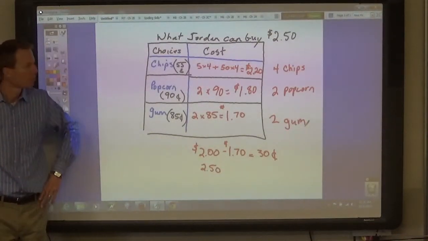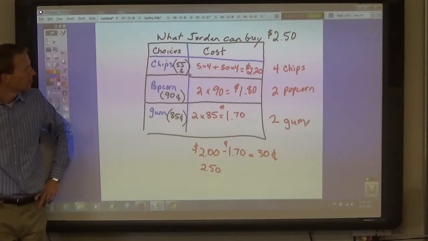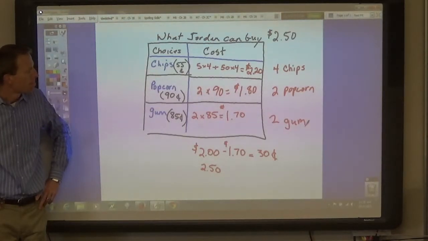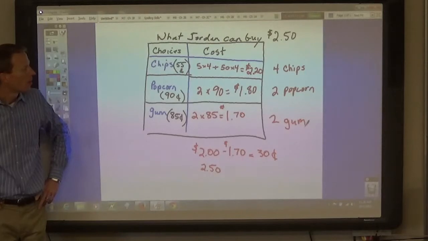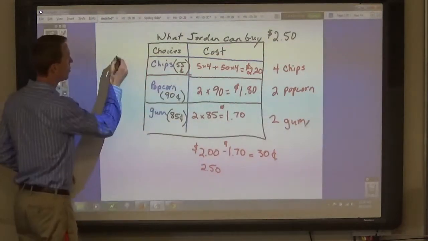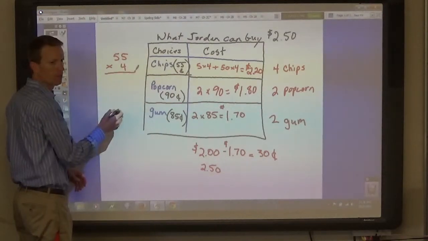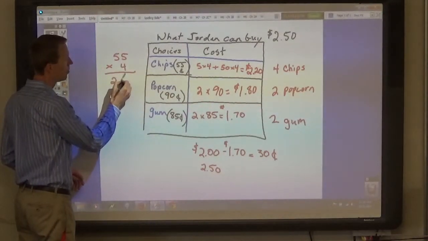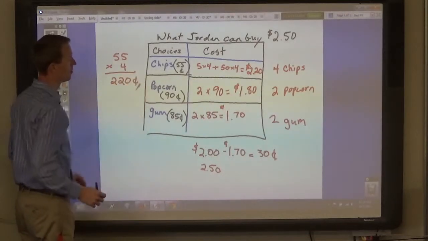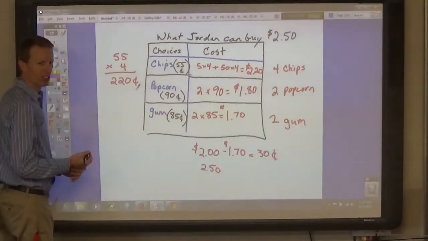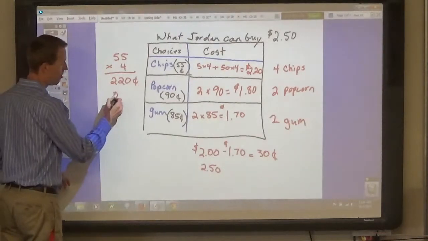Ariana? Because it's $2.20 for the cookie. It's more than $2.50. That's to get each thing. If we got 4 bags of chips, 55 times 4 is 220. 220 cents, which is $2.20.